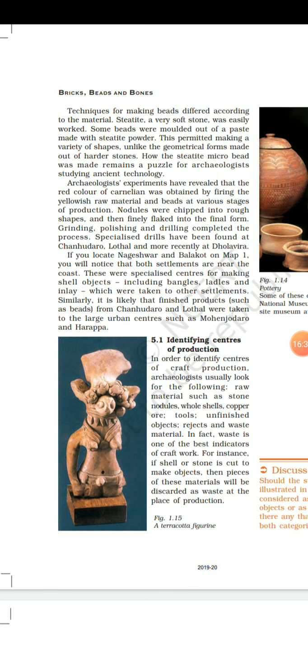Because the object shell we find from sea creatures. Have you ever seen a conch? In Hindi it is called shank. We usually find it in our houses. If you travel from here to Odisha, or from Odisha to Calcutta, once a year before, I was coming from Baleshwar to Kolkata.